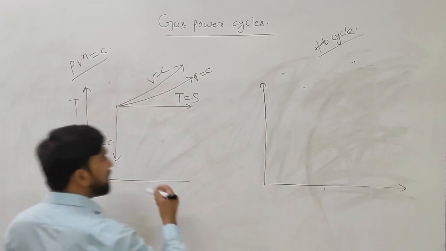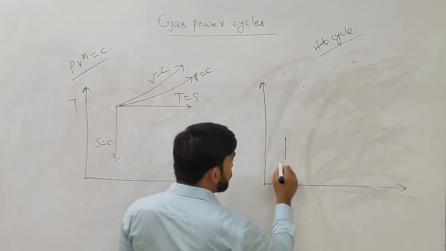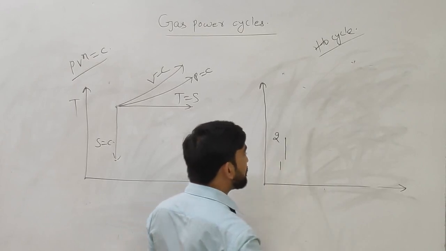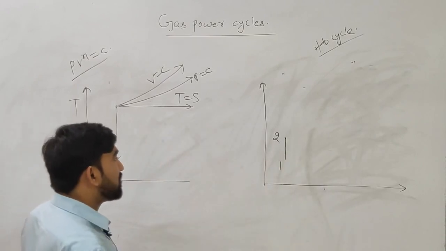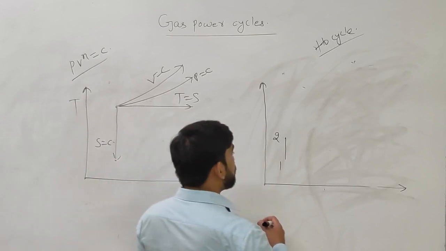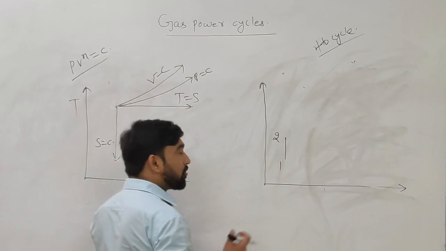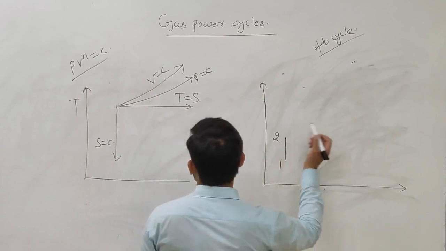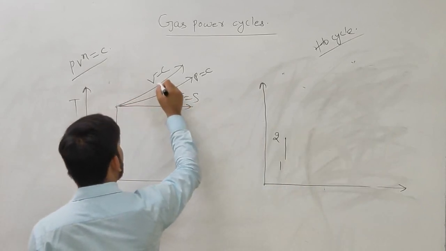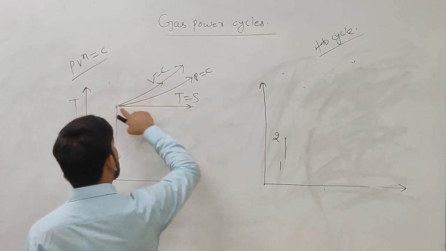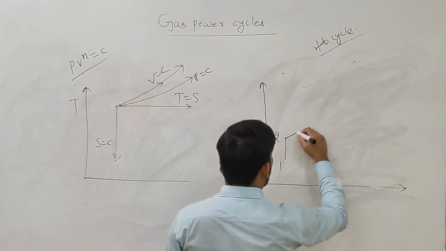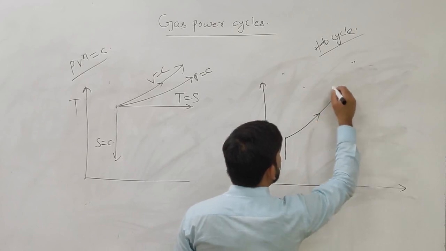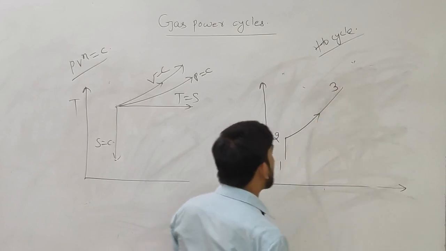So 1 to 2 will be reversible adiabatic, and 2 to 3. In case of PV diagram, we have seen that 2 to 3 is a constant volume or isochoric process. So the isochoric process is drawn like this one. So we can also draw the isochoric process like this, 2 to 3.